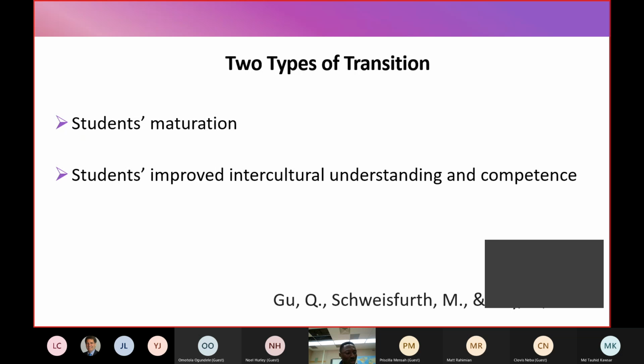One is related to students' maturation, and the other is related to their improved intercultural understanding and competence. As they interact within different educational environments, cultures, and society, they continue to experience improved knowledge, awareness, skills, and attitudes, enabling them to function effectively within both their host and home countries.